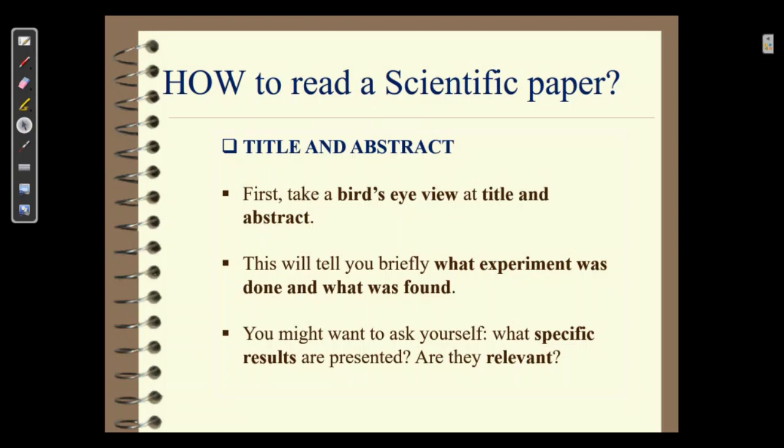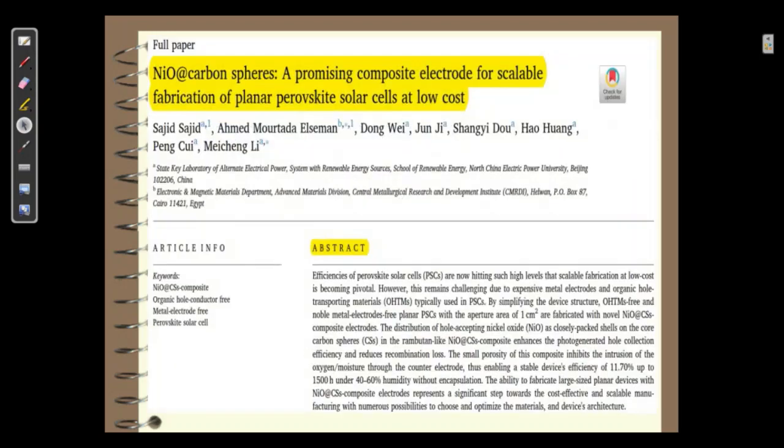If I read the title, it will show me what this paper is about, what the authors have done, what the results are, and what the future outlook is. For example, this is one of our papers which was published in Nano Energy, and the title is highlighted in yellow here.